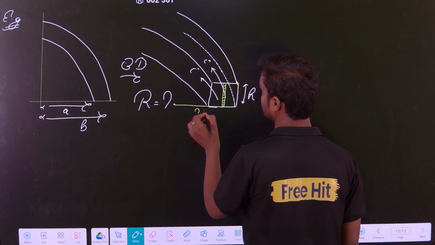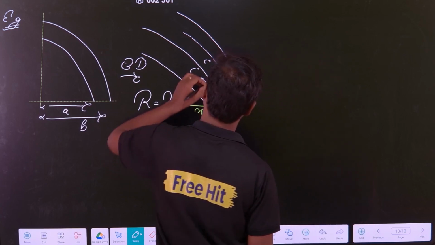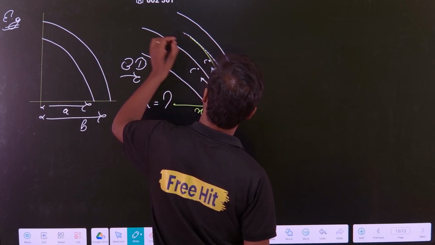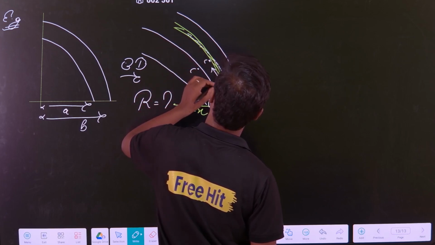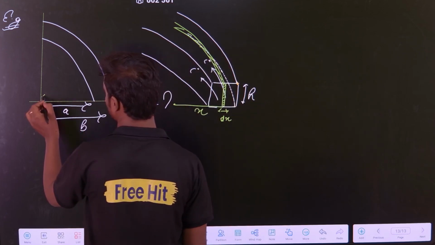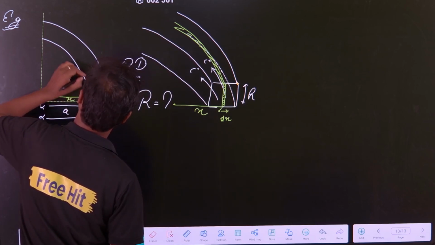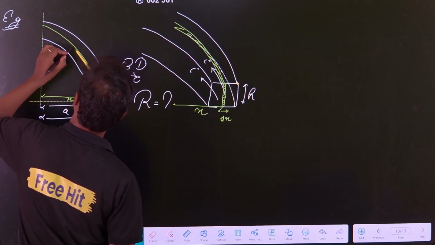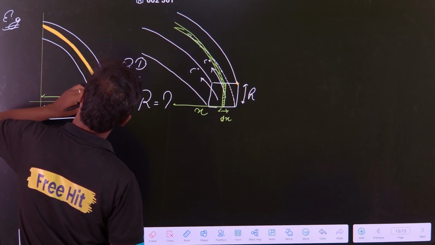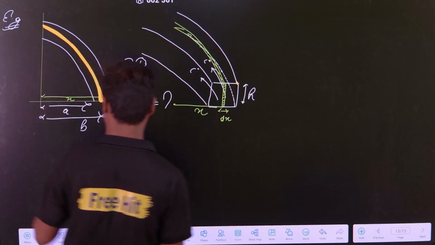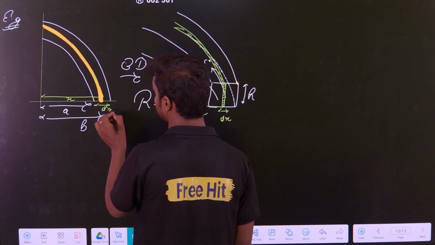From center, at distance x, we will take a small strip whose thickness will be dx, correct? And this strip will go like this.